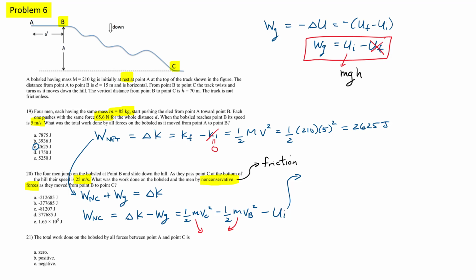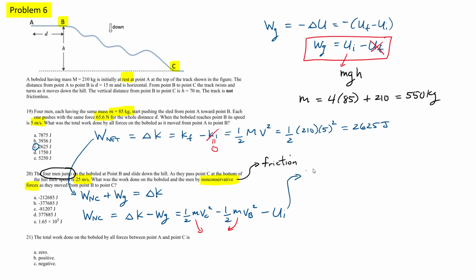But think about what we have here: not only the sled, but also the 4 men that are inside the sled. So my mass really should be 4 times the mass of each one, 85, plus the mass of the sled, which is 210. So this is the total mass that we should be substituting inside our equation right here. If I do that calculation, I think I got 550 kg. So that is the mass we should be using right here.